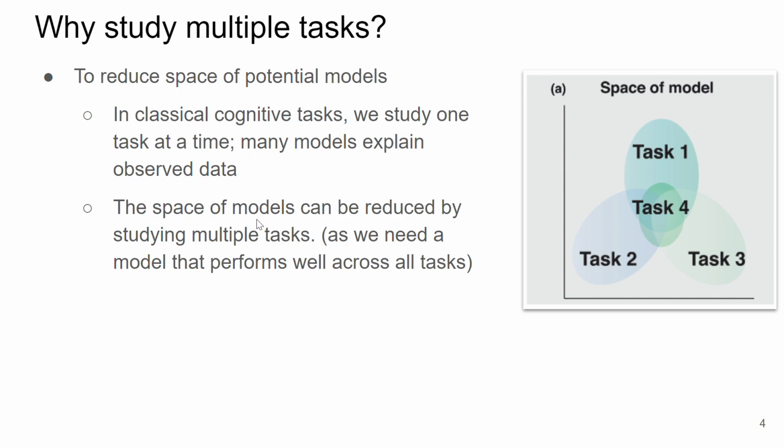But if we start studying multiple tasks at the same time, we have to find a model that would explain data across all these tasks. We need a model that performs well on all these tasks, and by well, I mean in line with the observed data. That way we can have a more narrow class of models which represent how the agent is learning.